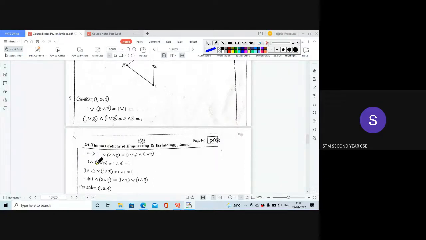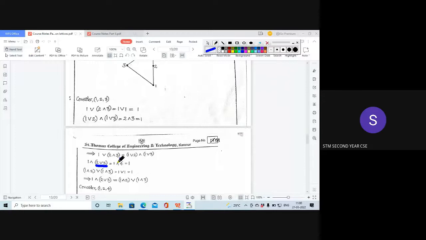So 1 and (2 or 3). Again, look at the figure and find out what is 1 and (2 or 3). 2 or 3 means the join of 2 and 3, that is the least upper bound of 2 and 3. The least upper bound of 2 and 3 is 4, isn't it? 2 and 3 has only one upper bound, and that is 4. The least upper bound is 4.